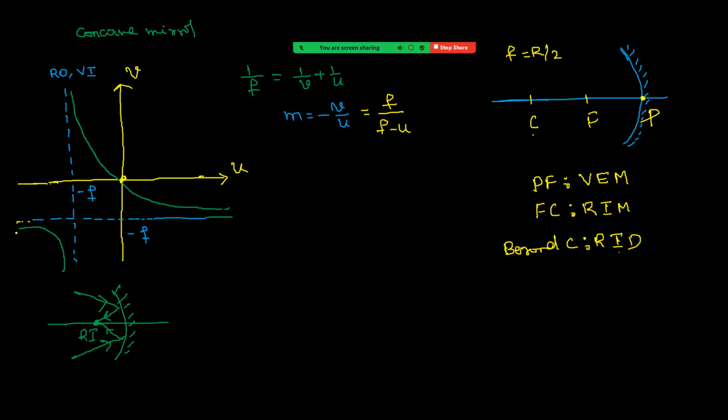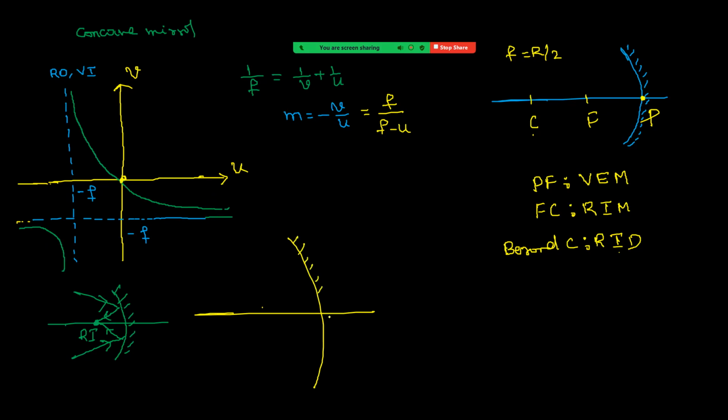That is the graph in the third quadrant. Okay. Beyond F, that graph is in the third quadrant. P to F, that graph is in the second quadrant. Now coming to the fourth quadrant. U positive. See what is the meaning of U positive? U positive means virtual object.